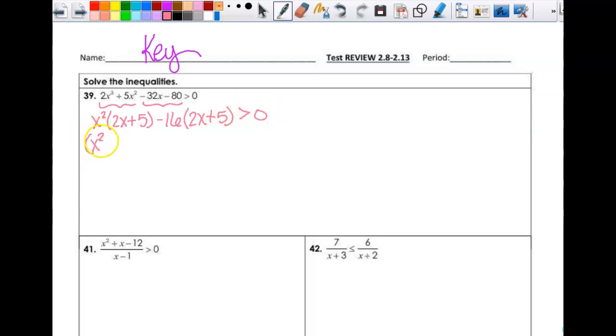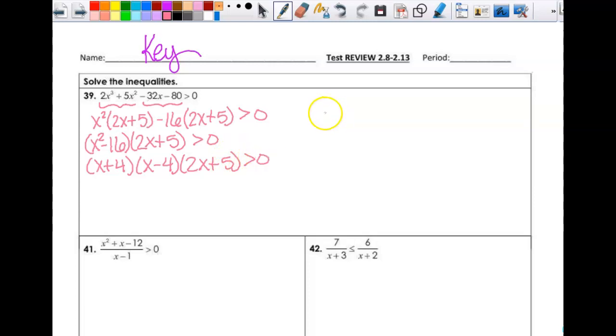So then I get x squared minus 16 times 2x plus 5 is greater than 0. So x plus 4 times x minus 4 times 2x plus 5 is greater than 0.